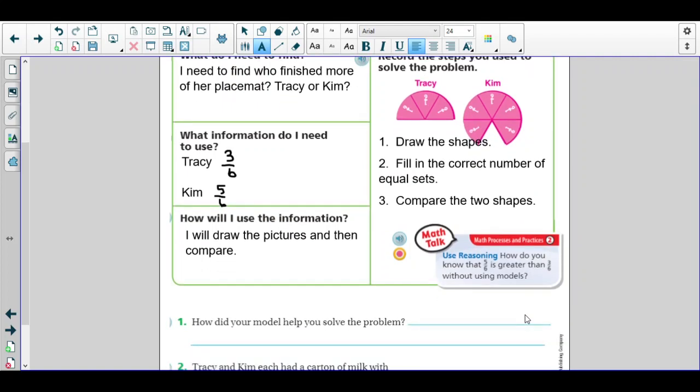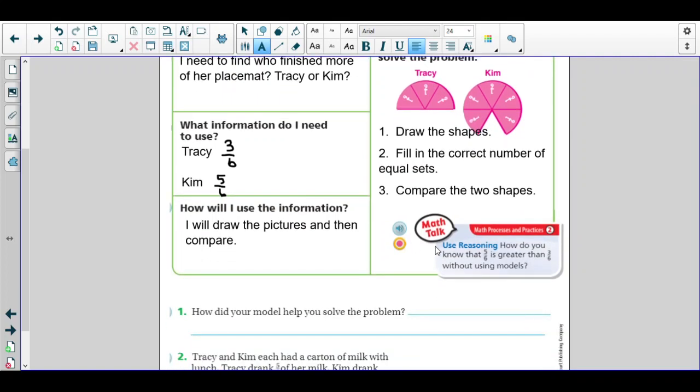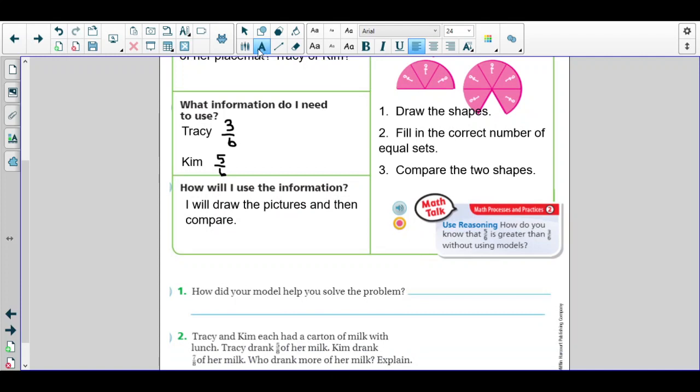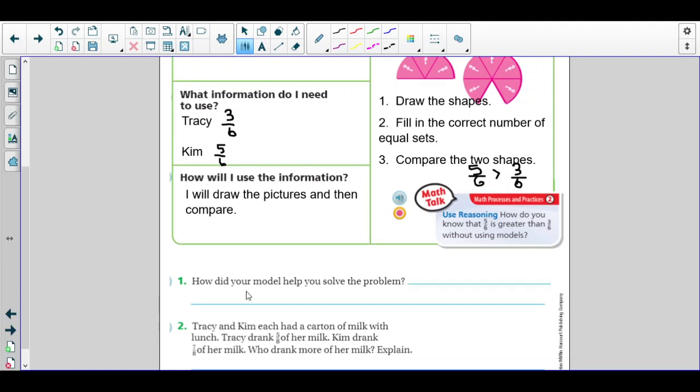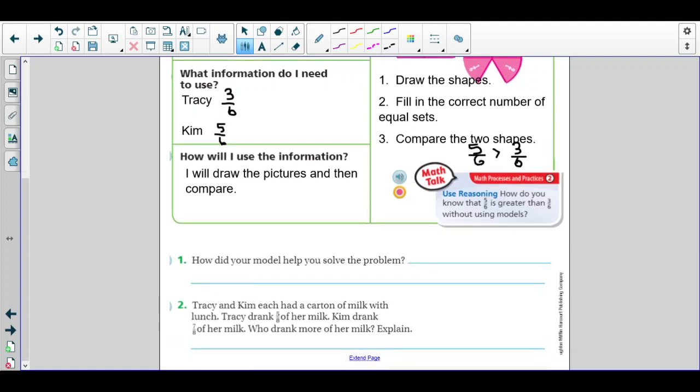So, what we do know is that in the very end, when we get this thing done, 5/6 is greater than 3/6. So, how did the model help you solve the problem?